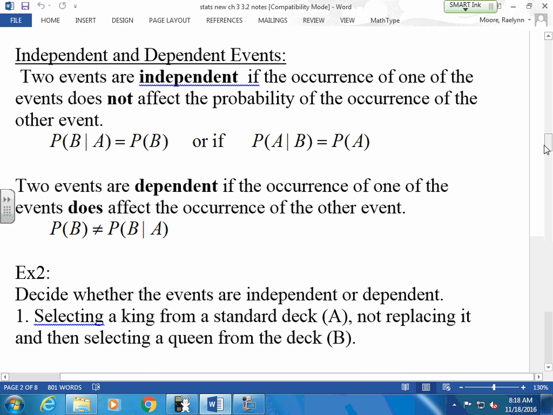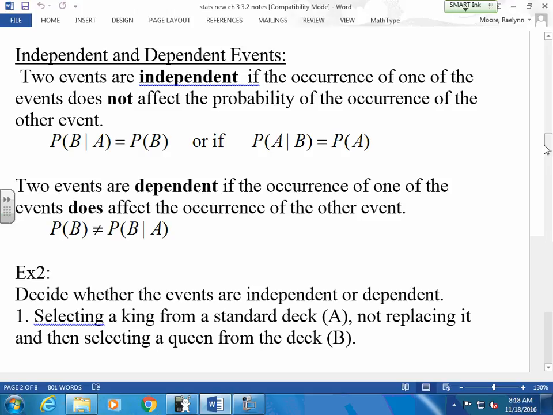So 2 events are independent. Now watch how they word this. 2 events are independent if the occurrence of one event does not affect the probability of the other, such as replacing those cards. If I replace those cards, I'm back to where I started from. It didn't affect what I'm about to do next.